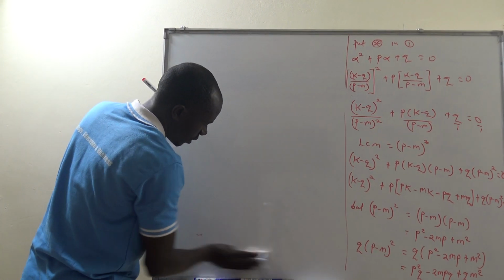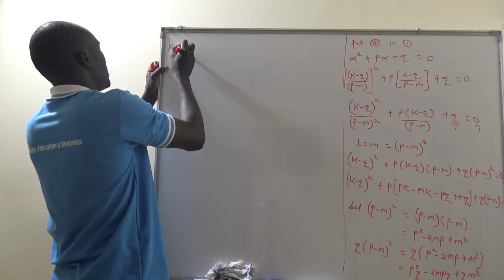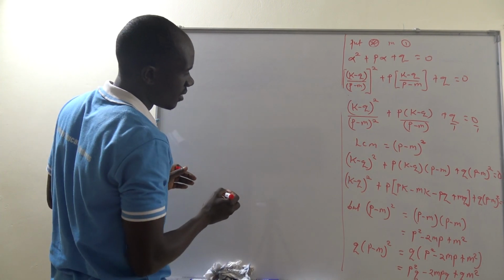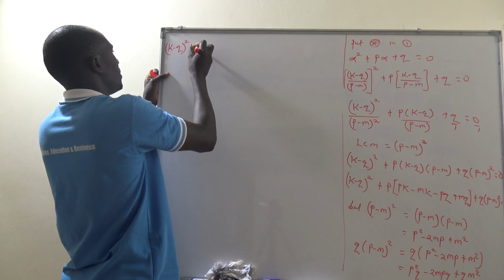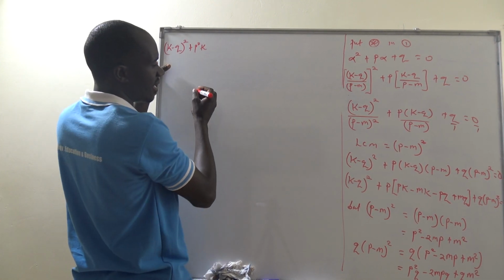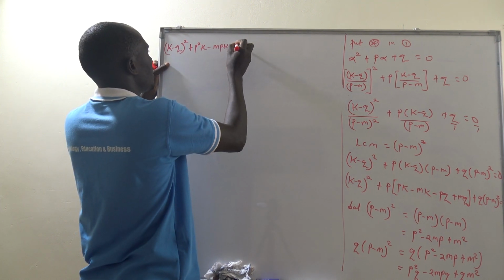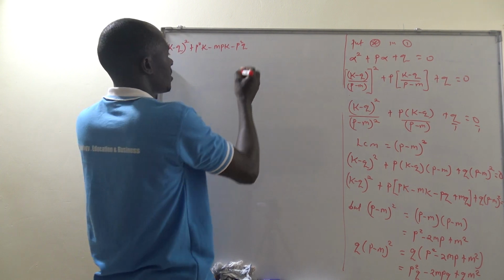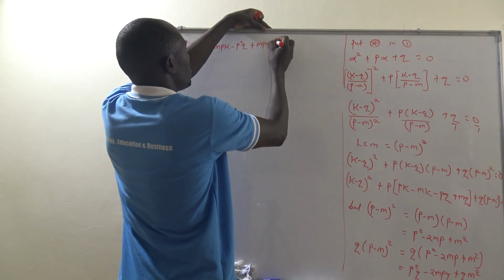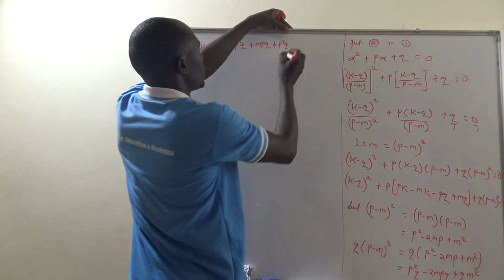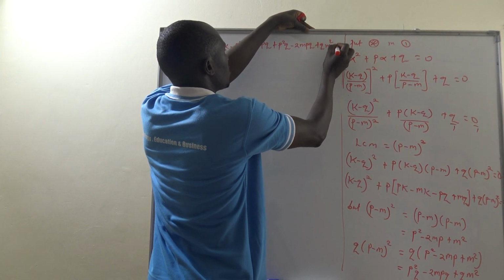Here we have (k − q) the whole of it squared, plus, after we insert the p, plus p squared k minus mpk, minus p squared q plus mpq, then plus this one which I've already got, plus p squared q minus 2mpq, then plus q m squared, the whole thing equals a there.